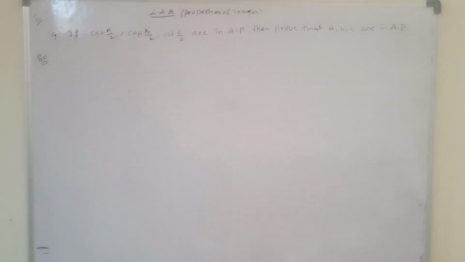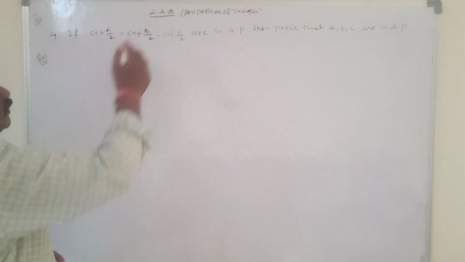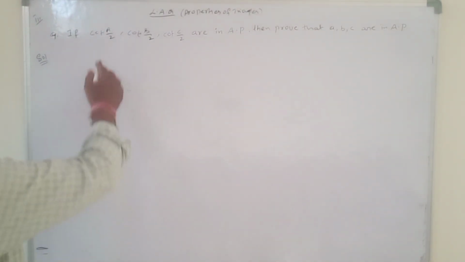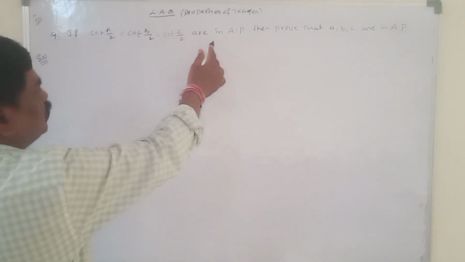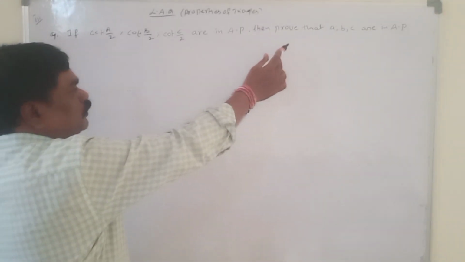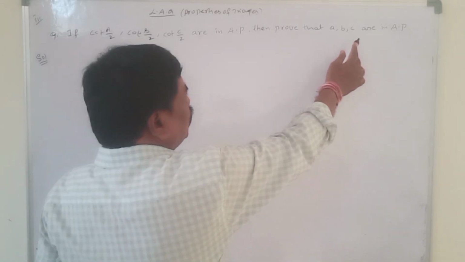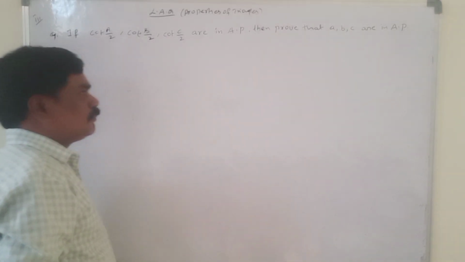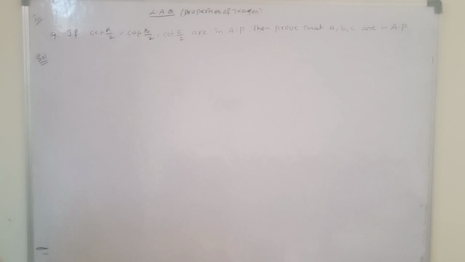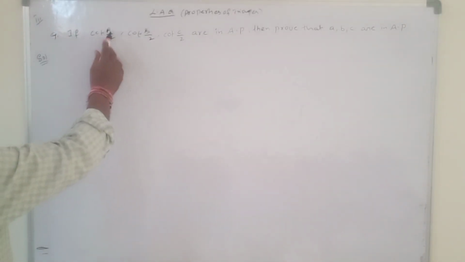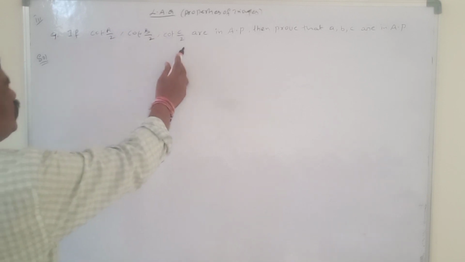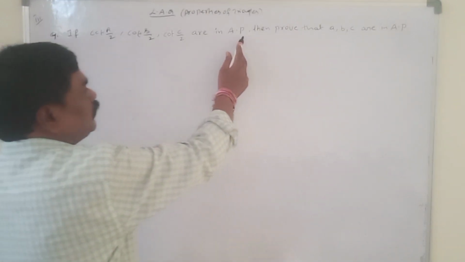Here, properties of triangles, long answer questions. Cot A by 2, cot B by 2, cot C by 2 are in AP. Then prove that A, B, C are in AP. Here we have the ninth problem. So what is the given condition? Cot A by 2, cot B by 2, cot C by 2 are in AP.